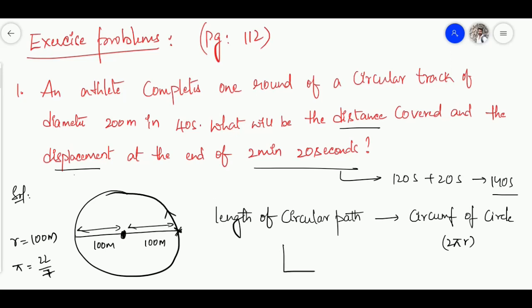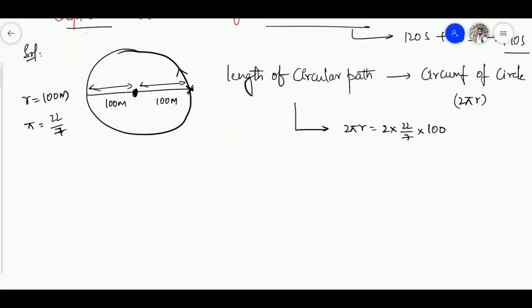So the length of the circular path is 2 pi r. That is 2 into 22 by 7 into 100. 2 into 22 by 7 is 3.14 into 100. That is 6.28 into 100.